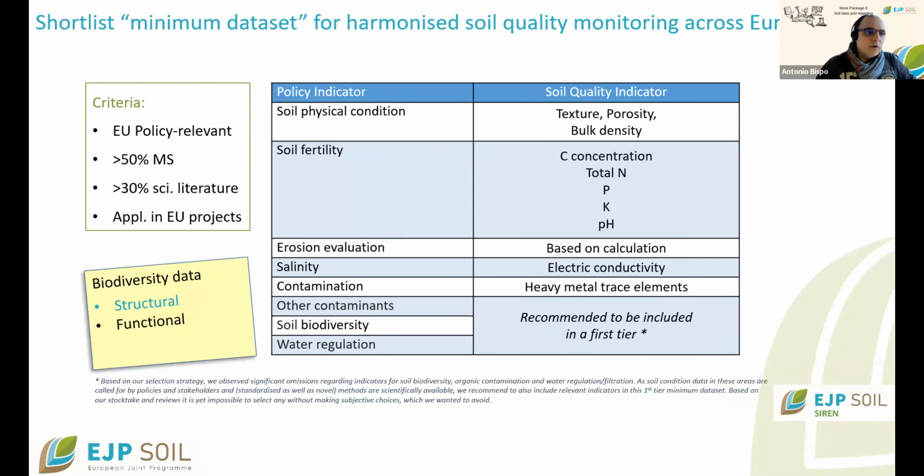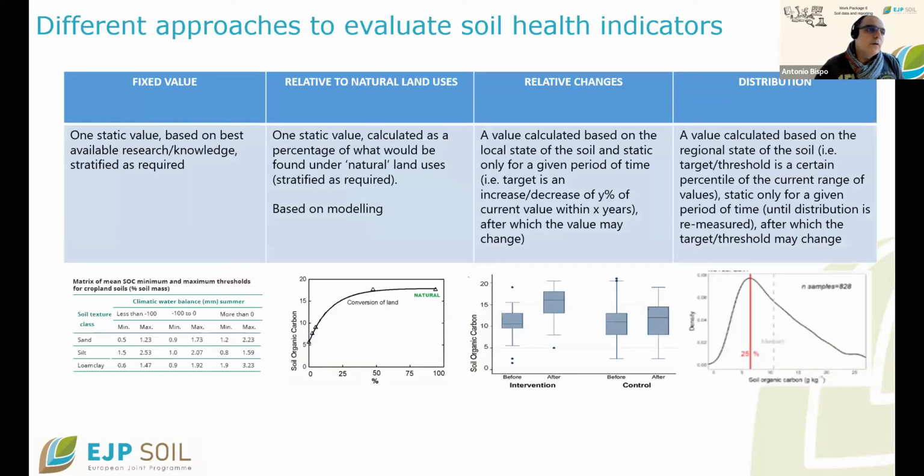So the last part of the talk will be on the different ways of interpreting the values, how to set target or threshold values. And so all together we identified 4 main ways of deriving such values. The first one, quite simple, is to use a fixed value, one static value based on the best available research knowledge.